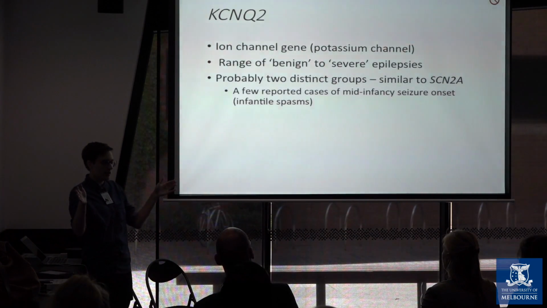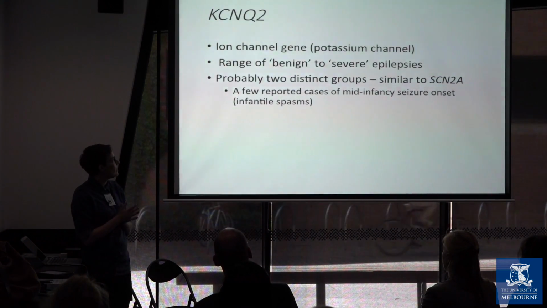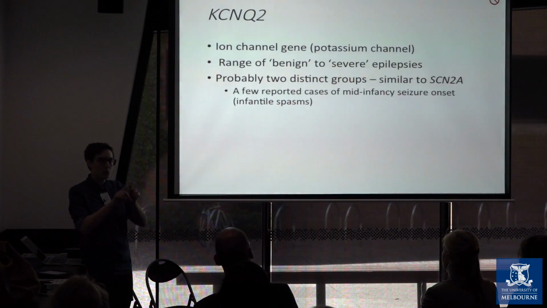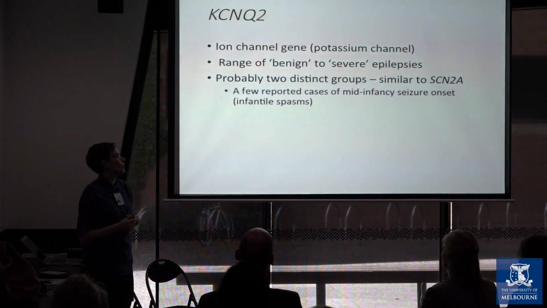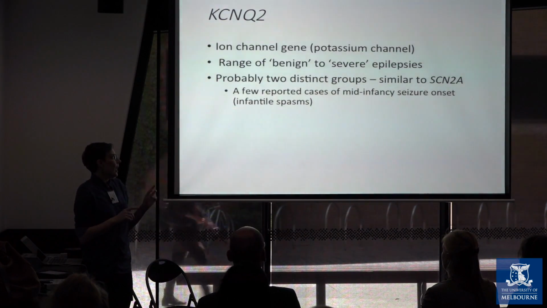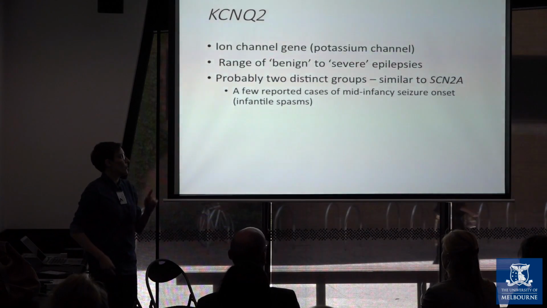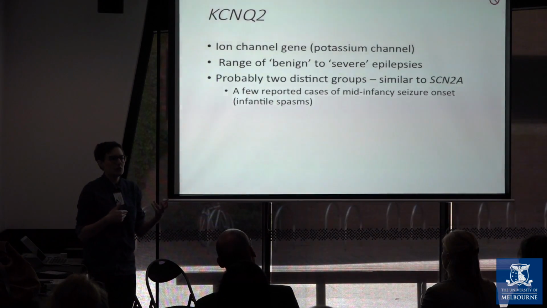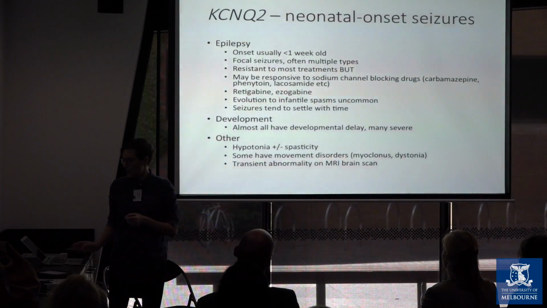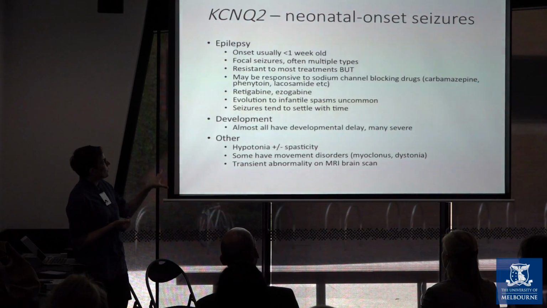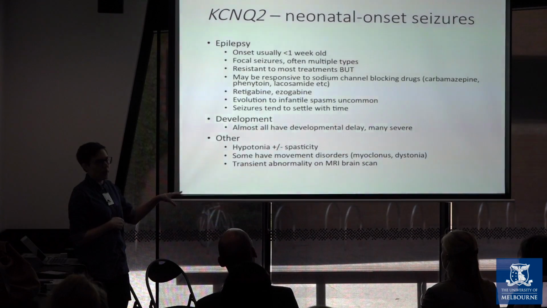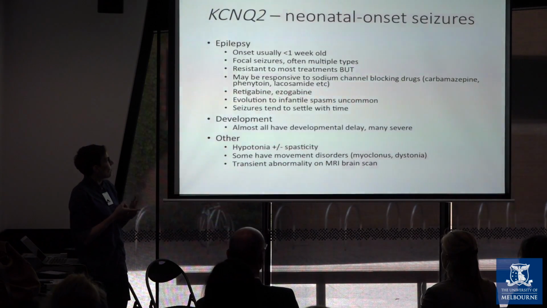So again, a range of severity, and again within the severe group there are two distinct groups with very, very similar features within the groups to what SCN2A looks like. The mid-infancy seizure onset group here, really, there's only a few cases reported, so I won't actually talk about that in detail. A lot of this here mirrors what I've said about SCN2A, so I won't repeat that, but I will highlight the differences.